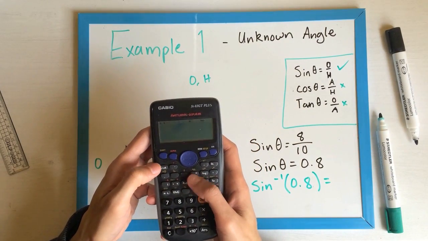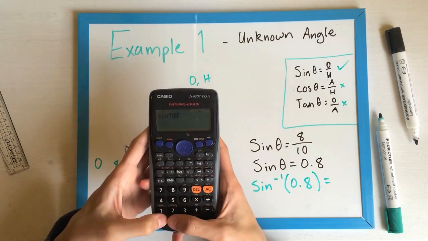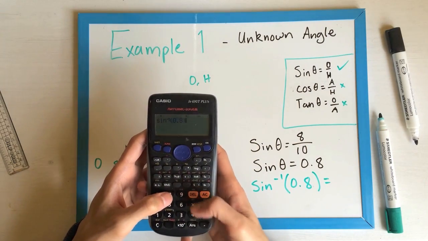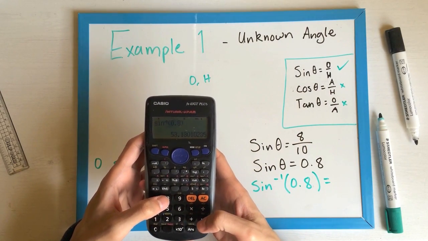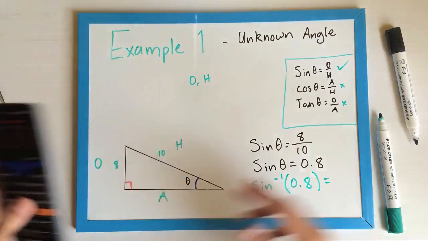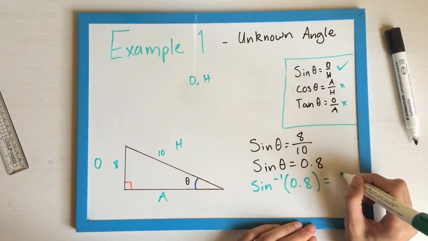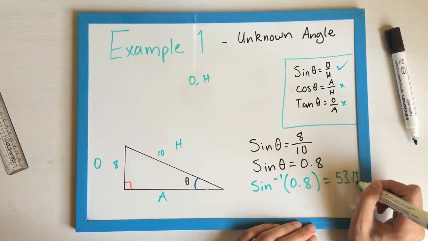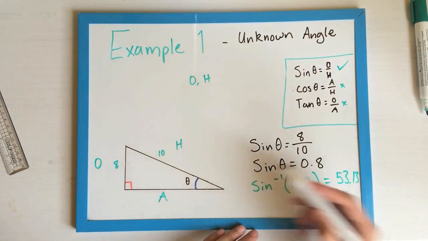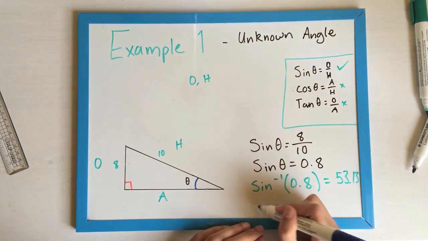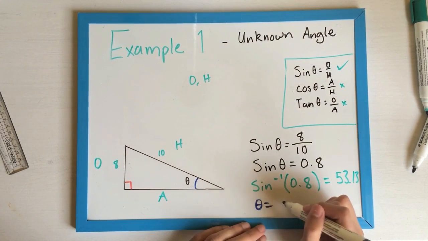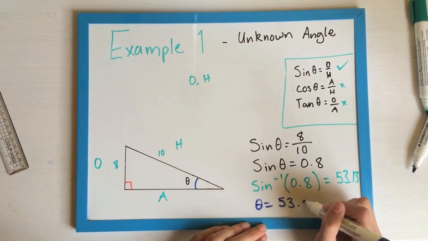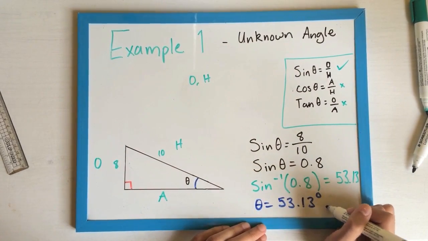If we do shift sine 0.8, we should get 53.13. So our angle theta is equal to 53.13 degrees.